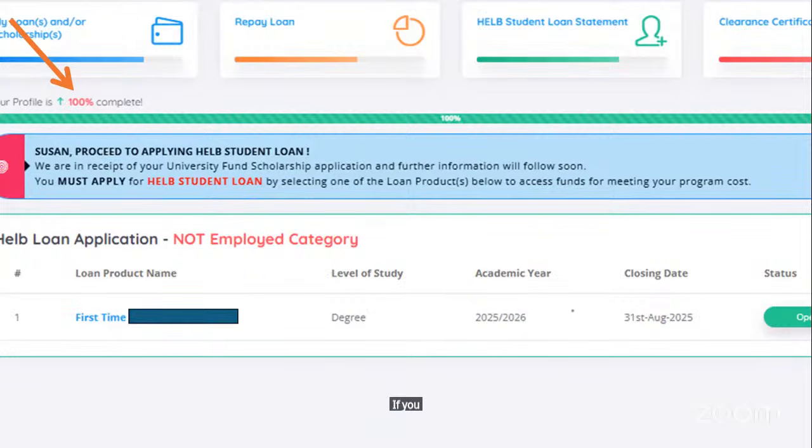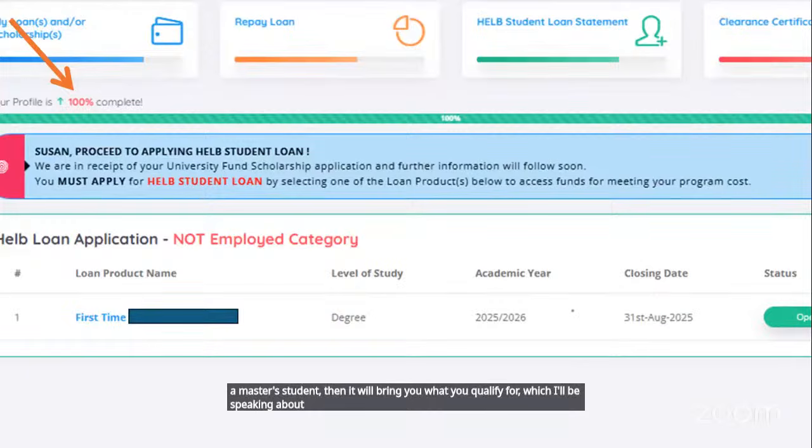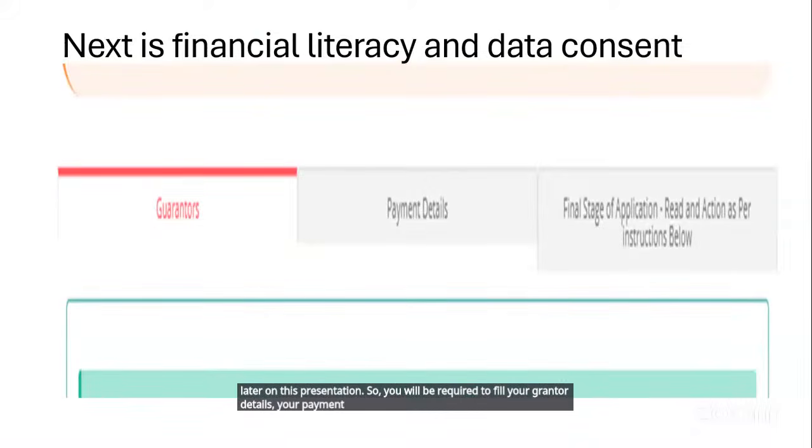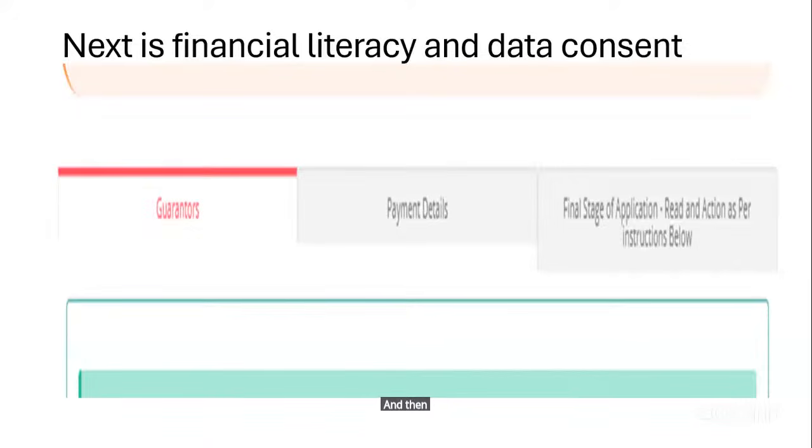If you say you are a master's student, then it will bring you what you qualify for, which I'll be speaking about later in this presentation. So you will be required to fill in your guarantor details, your payment details, and then the final stage is submitting this application.